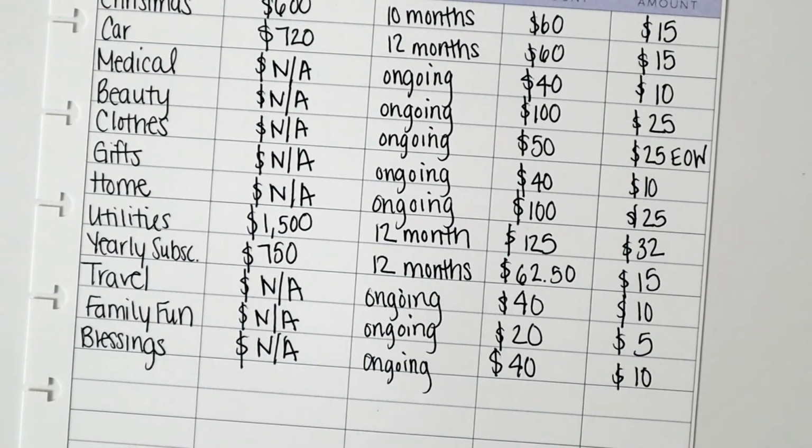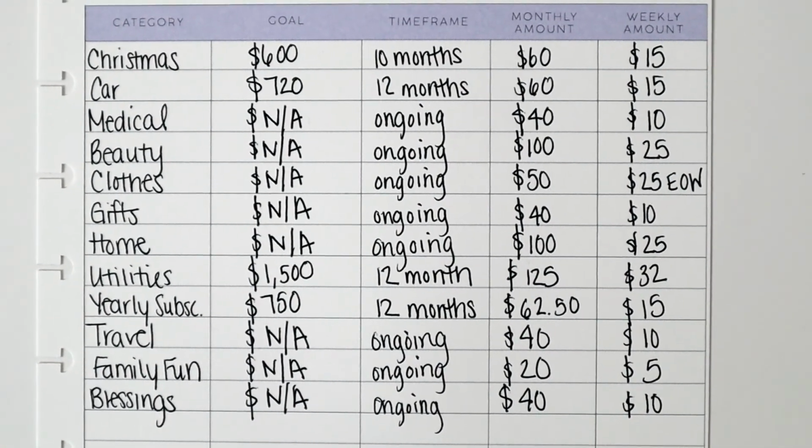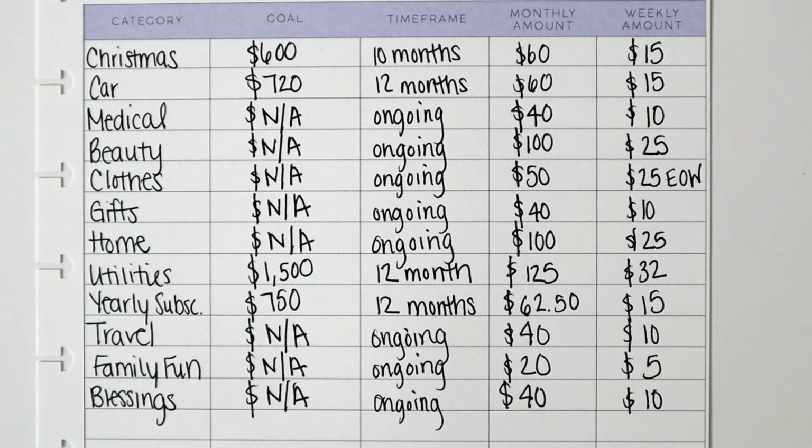So that's our sinking fund categories. And who knows, once we evaluate this, once we work with it every month, we might change some sinking funds, we might change some categories, we might change the amount. But right now, these are the categories that I think we should start with.